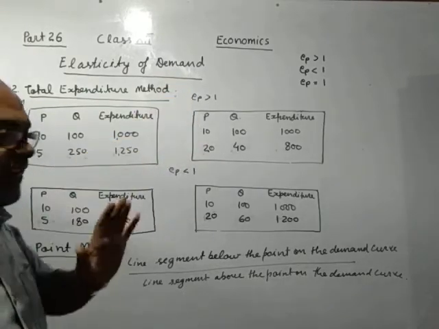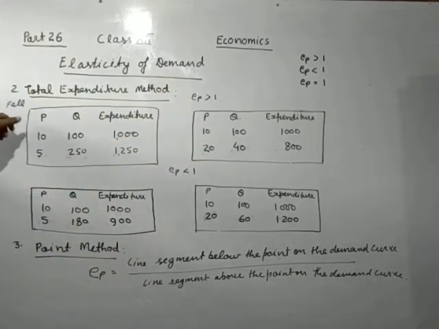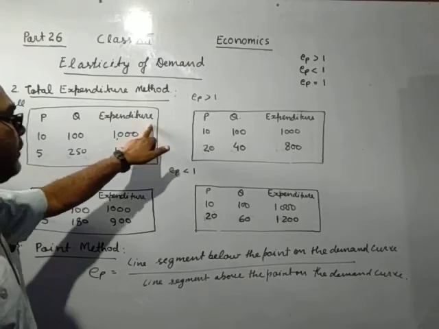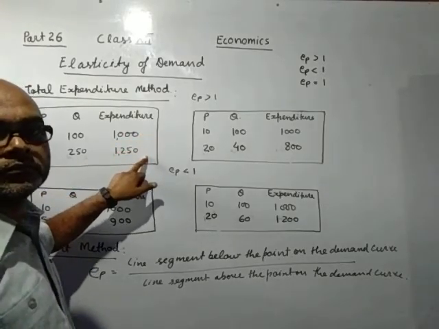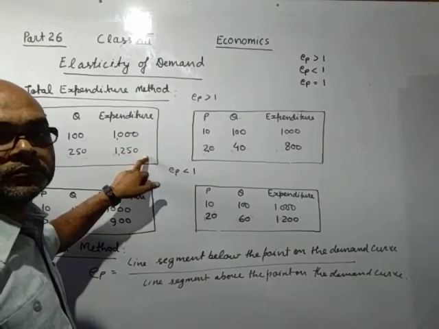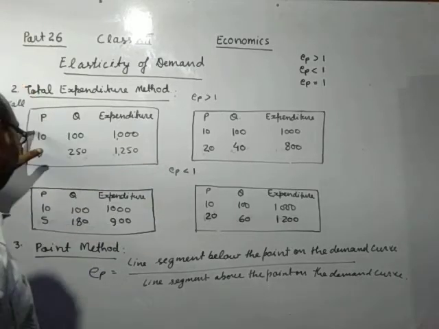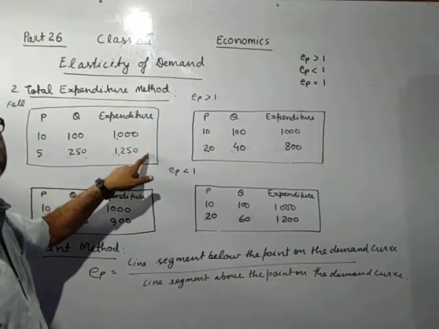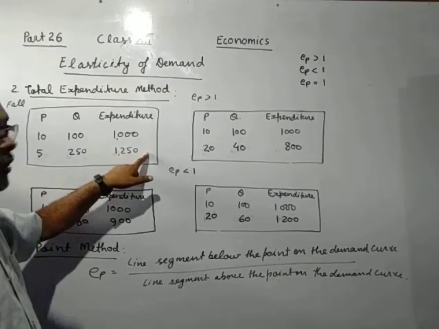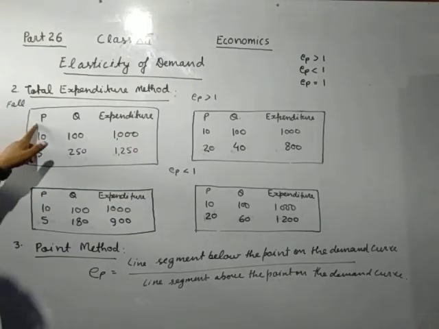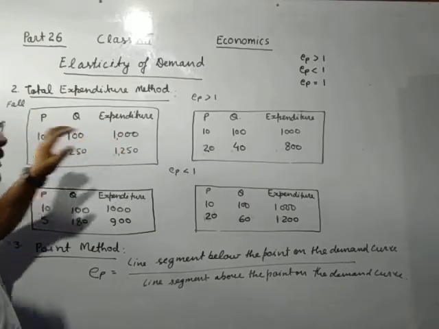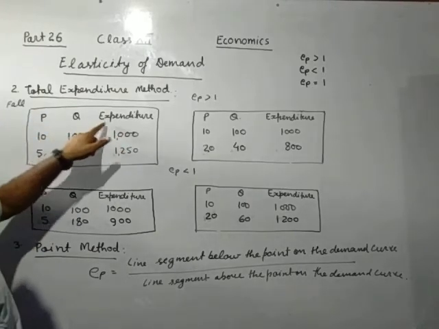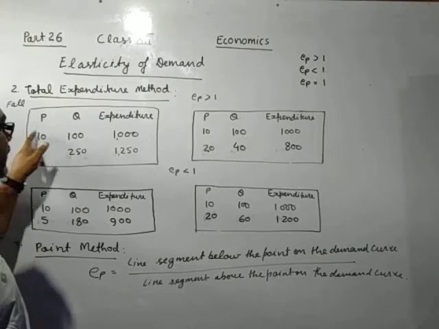Explain it from both sides. If the price falls and total expenditure increases, you have made the comparison between price and expenditure: price falls and expenditure increases, a reverse relationship.